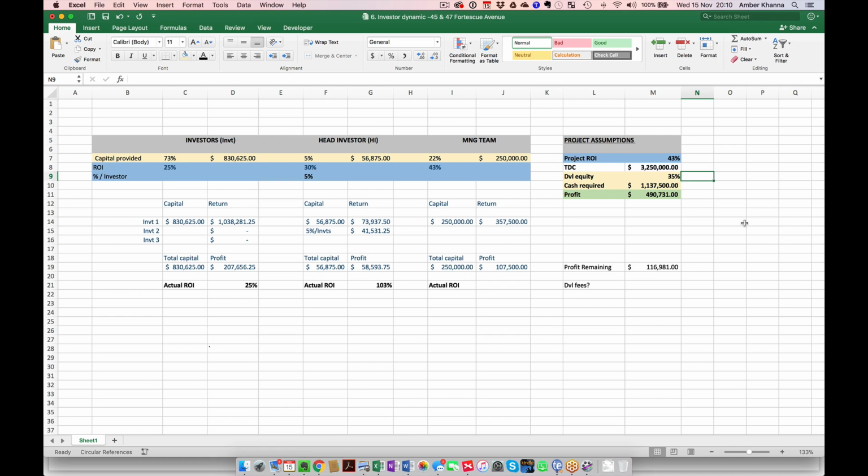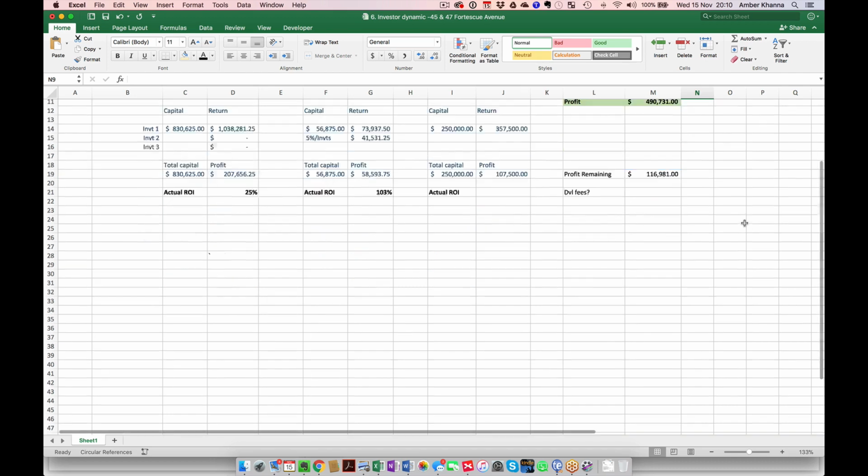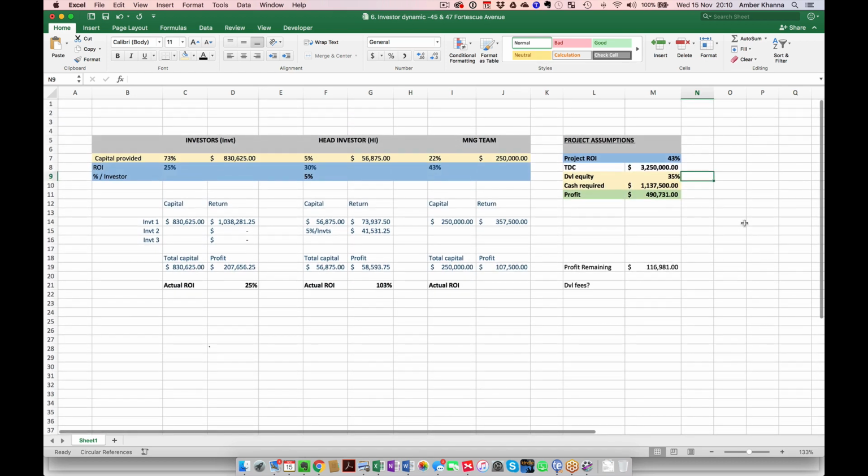I've realized that if he puts in less money but brings more money, he makes more return on investment. If you go below, there's a line that says actual return on investment 103, if he brings 50K from his money and then 830 from investors.